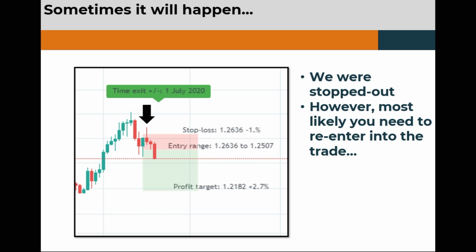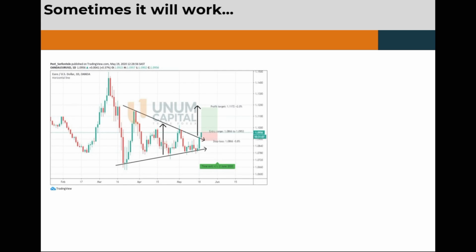Remember, it's always a probability that you need to trade in the markets, and if this probability is high, and in this instance you've been stopped out, most likely just re-enter or reopen another trade. And sometimes it will work.